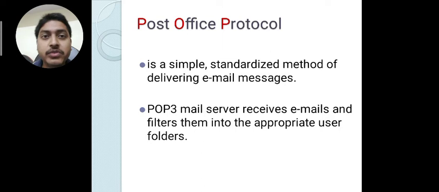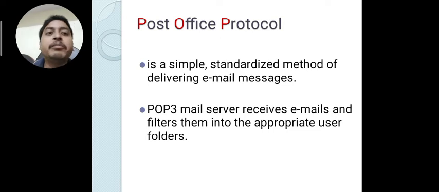When you use these, you have to configure SMTP, the outgoing mail server, and POP3, the incoming mail server. SMTP is known as the outgoing mail protocol, and this is the incoming mail protocol. SMTP is responsible for mails that go to the mail server, and this protocol is responsible for mails that come from the mail server to your inbox configured on your local machine.